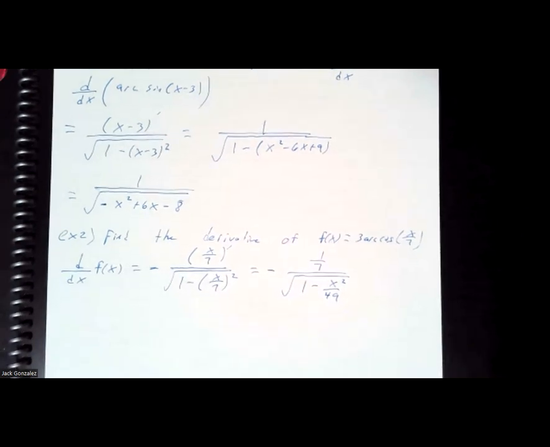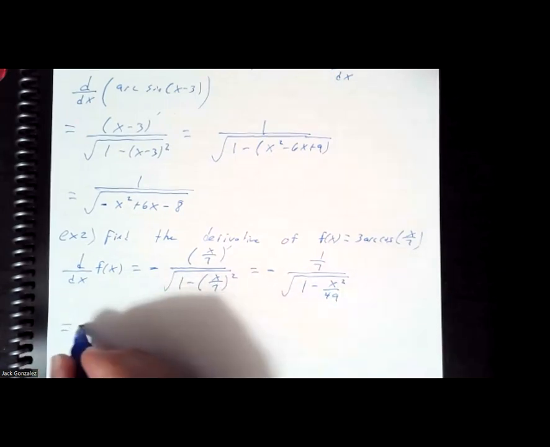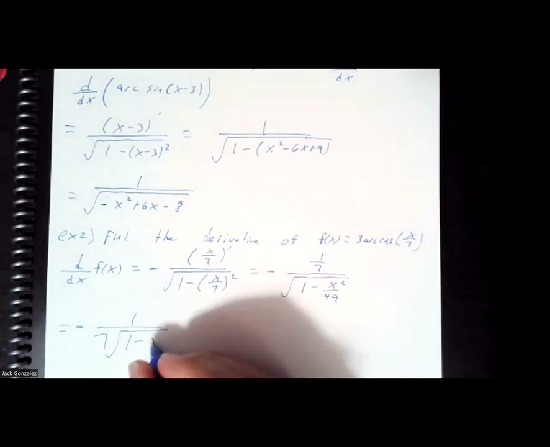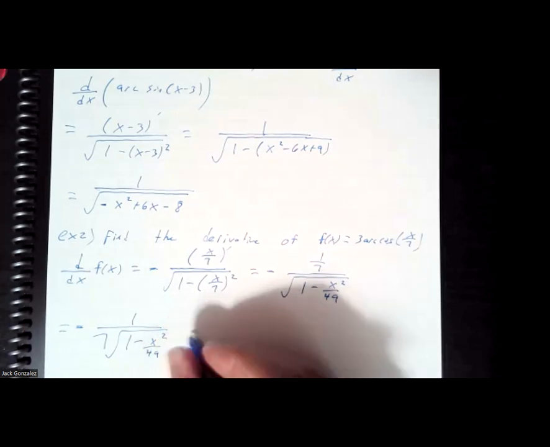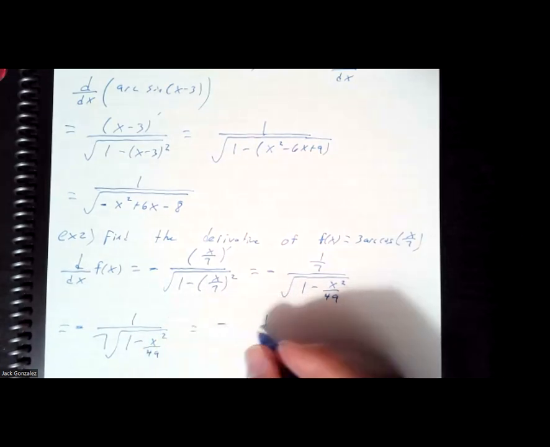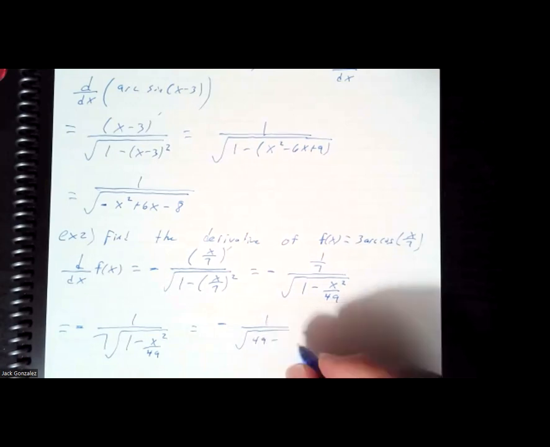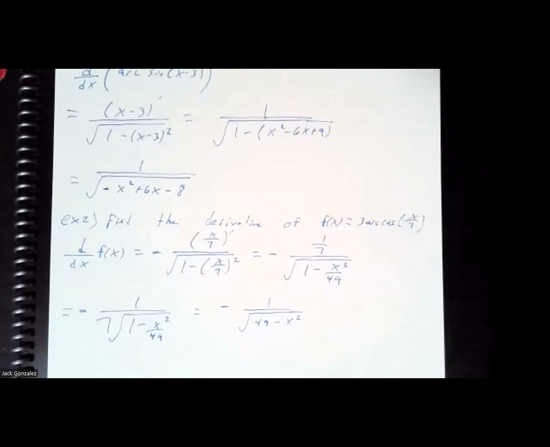That makes sense. Yes. So at this point, you could bring this 7 down, do some algebra. You could technically force that 7 inside to get 49 minus x squared. See what I mean?